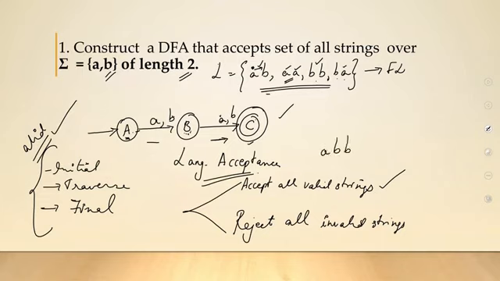It satisfies my sigma equal to {a, b}, since it consists only of A and B. But look at my next condition: it should be of length 2, and here it is of length 3. Your automaton should reject it. The automaton you constructed just now should be able to reject it.